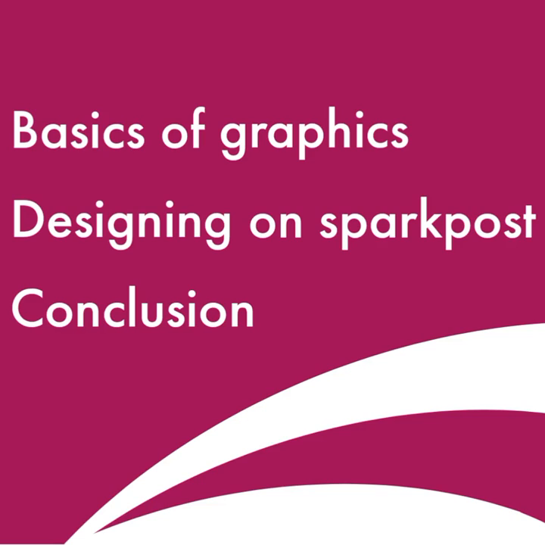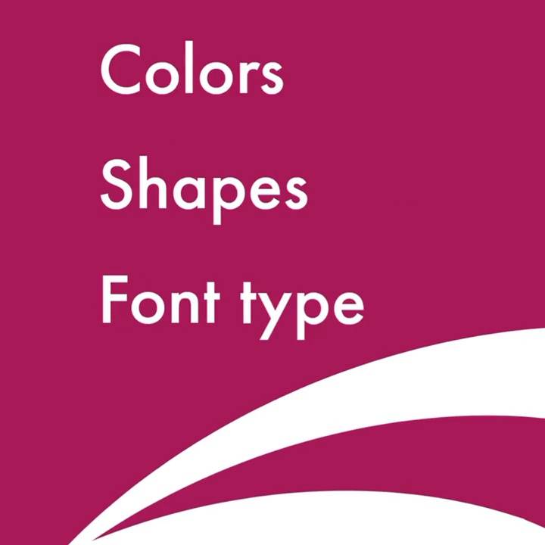I'll be taking you guys through a series of classes, and today being the first class, I want us to first look at the three basic components of every graphics design, which are the colors, the shapes, and the font type. Taking them one at a time, what are the colors?